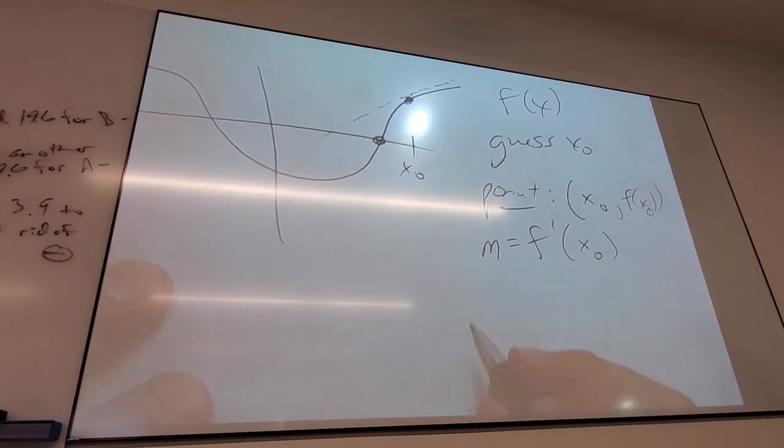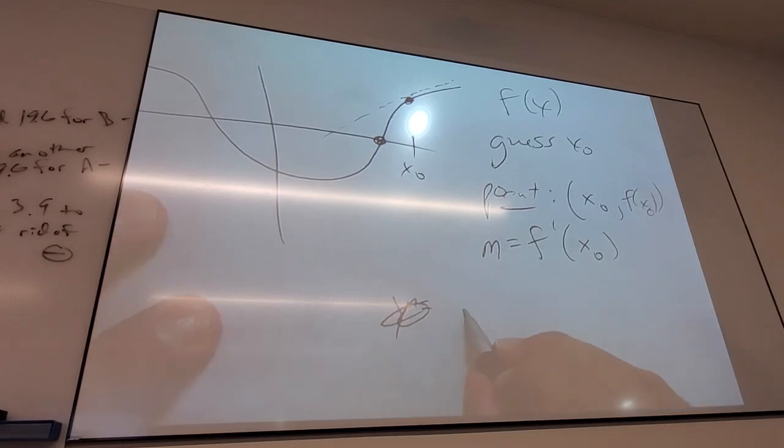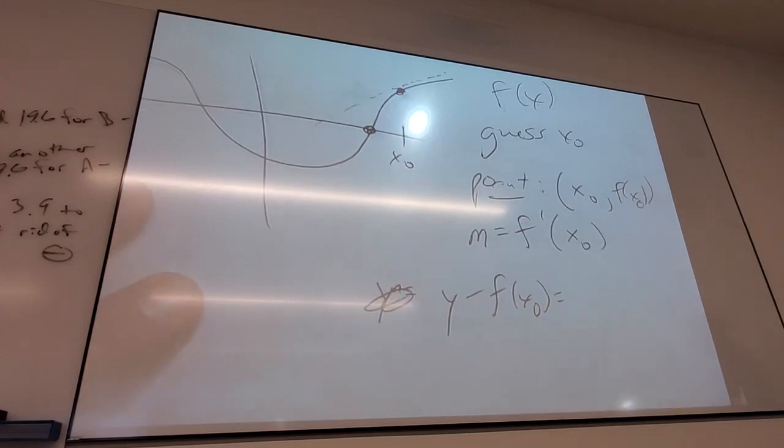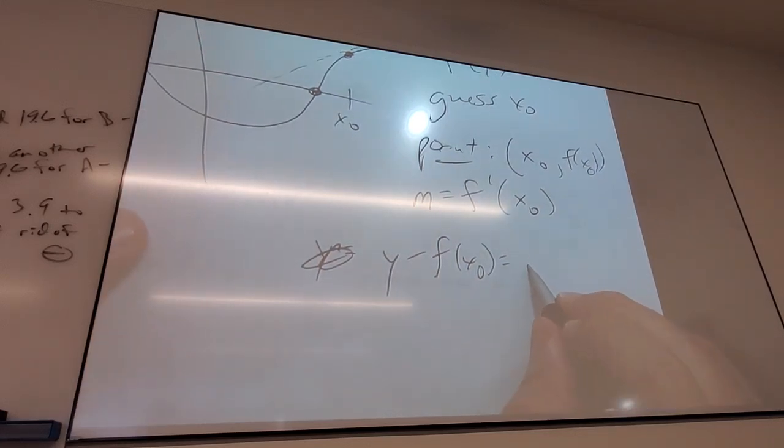Can somebody put that tangent line together for me? Yes, y minus f of x0 equals m times x minus x0.